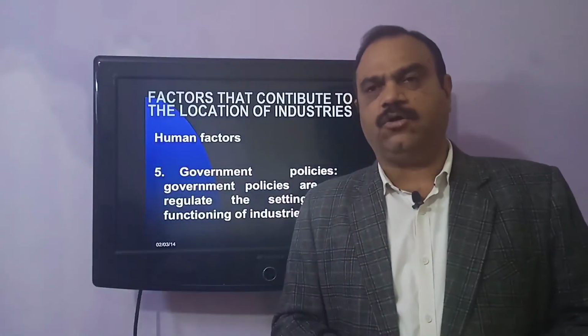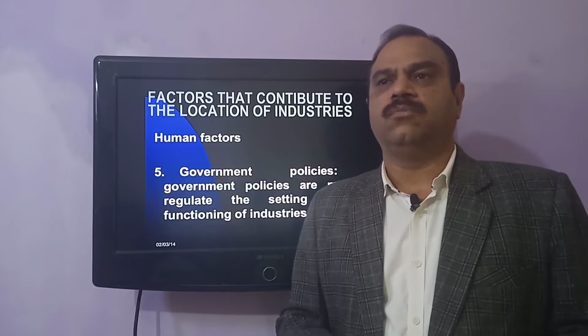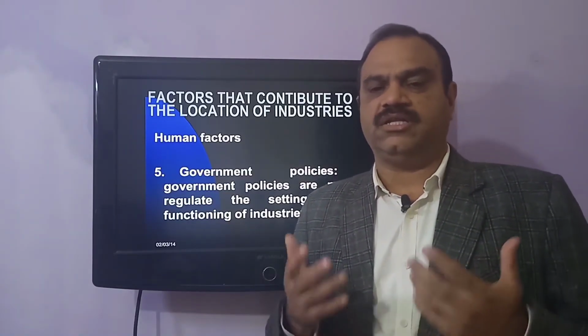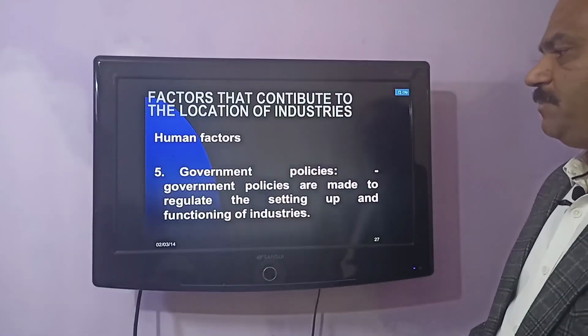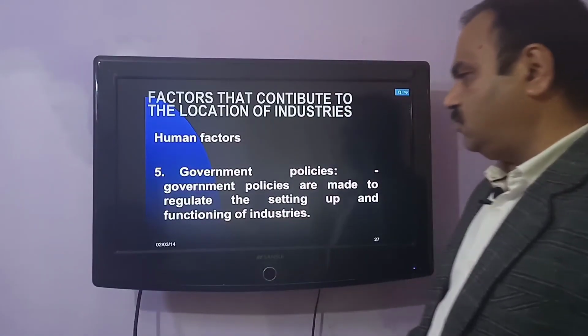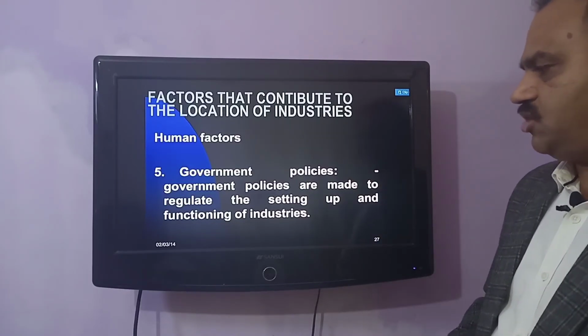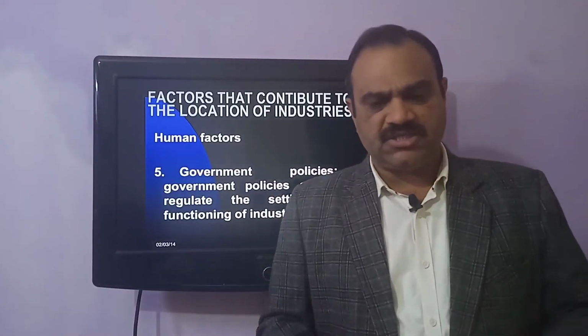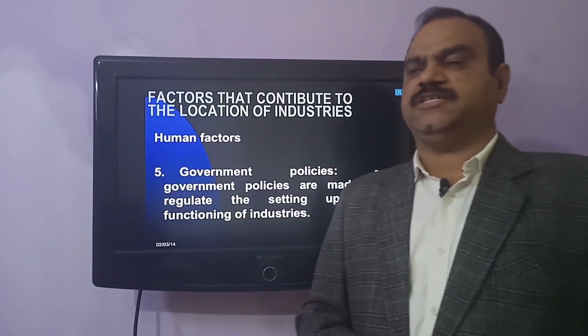We have seen in India also that industries are located at those places where there are more urban centers, particularly the metropolitan cities of India. Government policies play an important role. The government policies are also made to regulate the setting up and functioning of the industries. Governments encourage the industrial development of the different states.